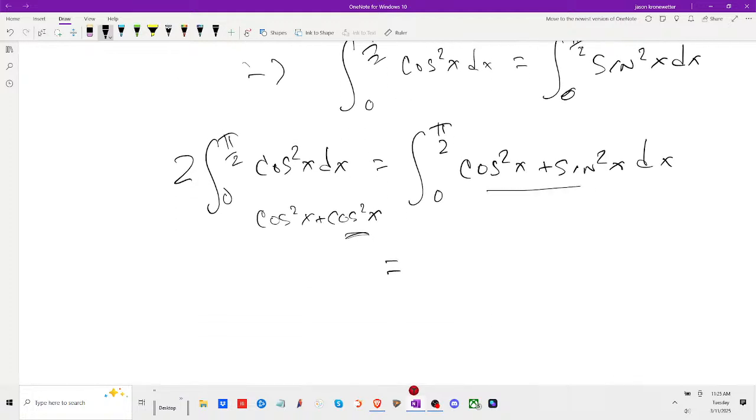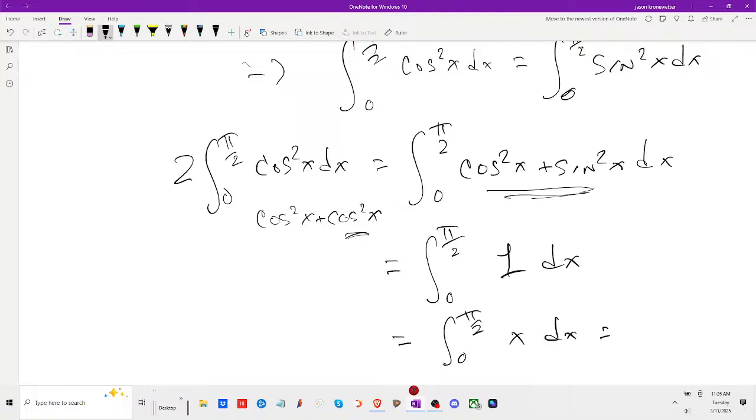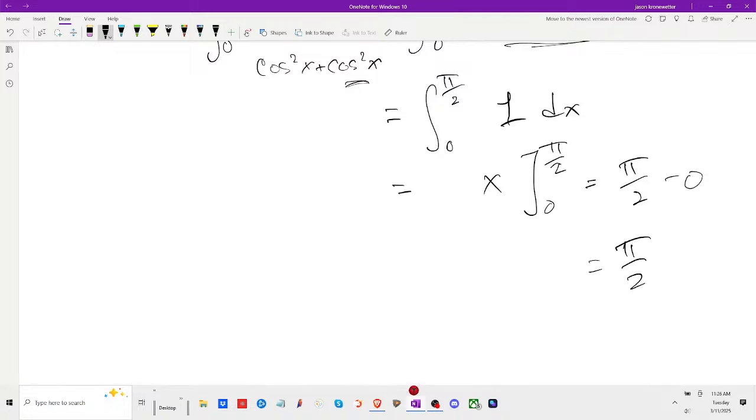Then this identity here is the most famous trig identity in the universe. That's 1 dx, so that's the integral from 0 to pi over 2 of 1 dx, which is x evaluated from 0 to pi over 2, which is pi over 2 minus 0, which is pi over 2.